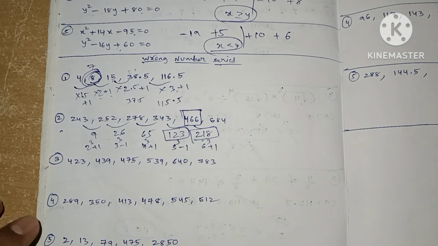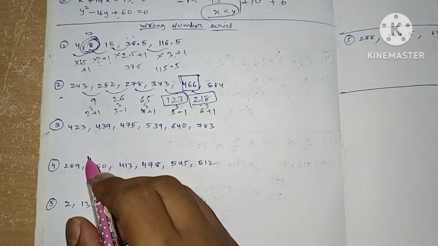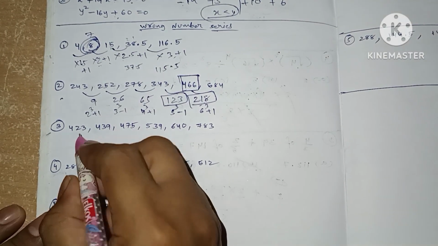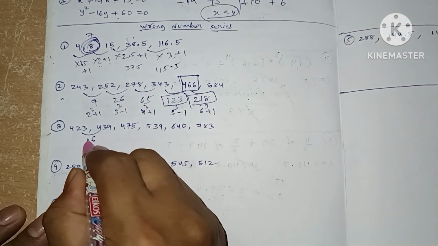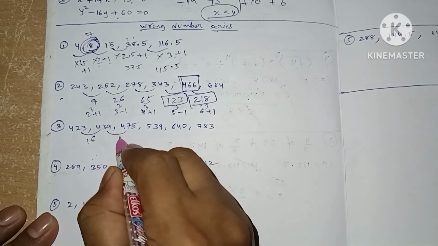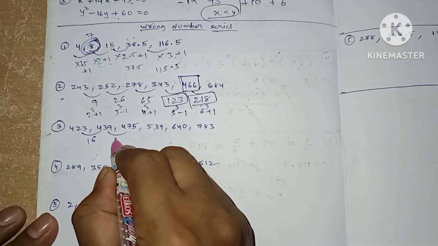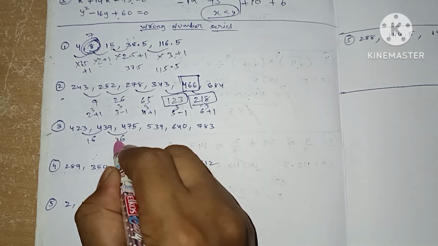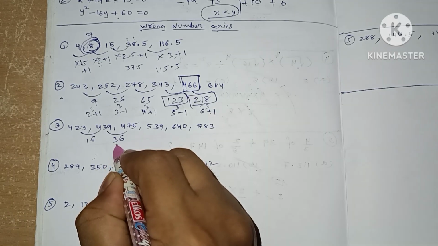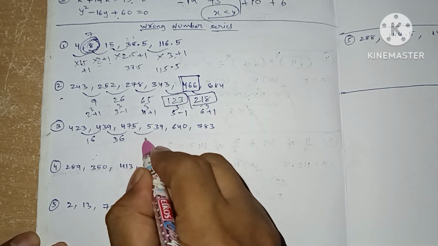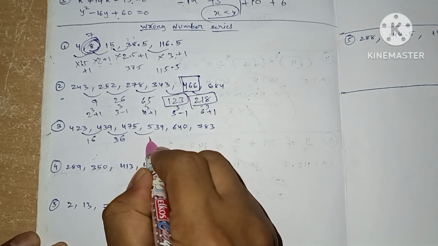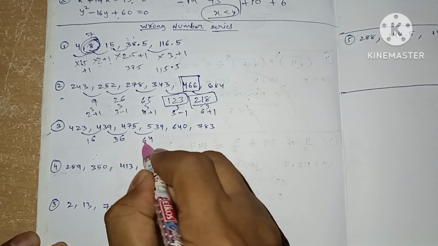Okay, next, third question. We see the difference between these two is 16. Here the difference between these two is 6 and 36. Okay, here we see a difference of 4 cube plus 3, 64.